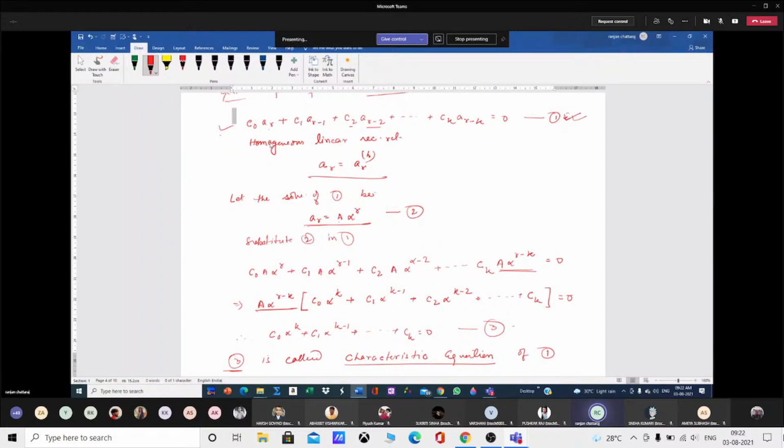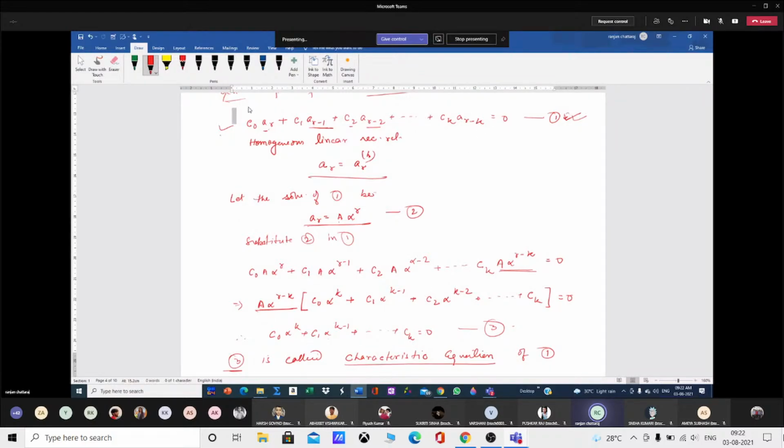So you see here, what we do, like ordinary differential equations with constant coefficients, of course that are linear. Instead of a_r, what I am putting here is alpha to the power k. Instead of a_(r-1), alpha to the power k minus 1, and like this. Is it clear? And this becomes as usual.